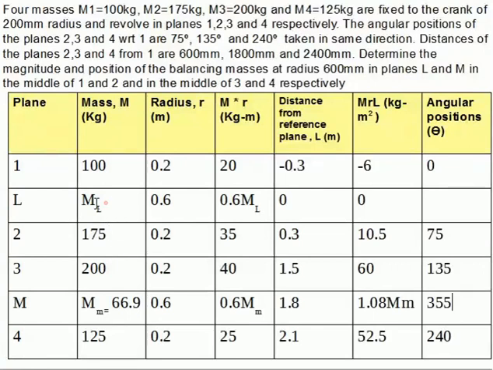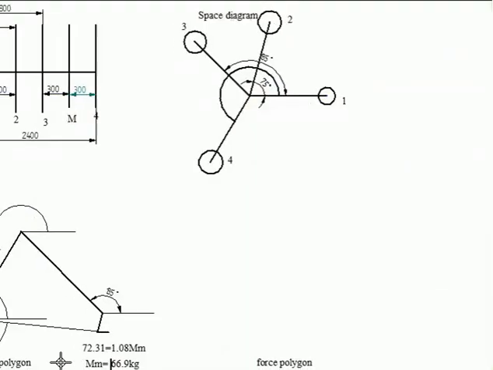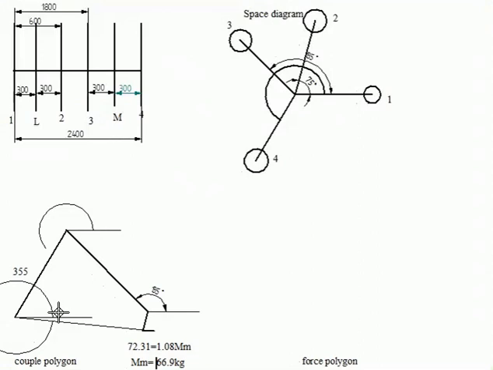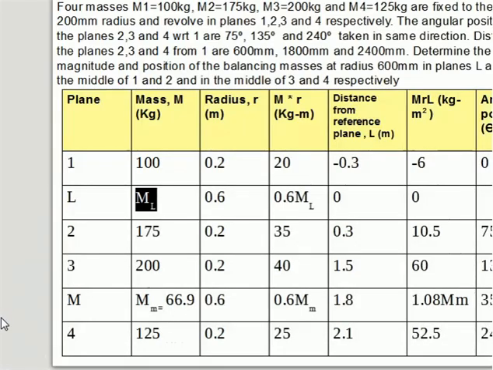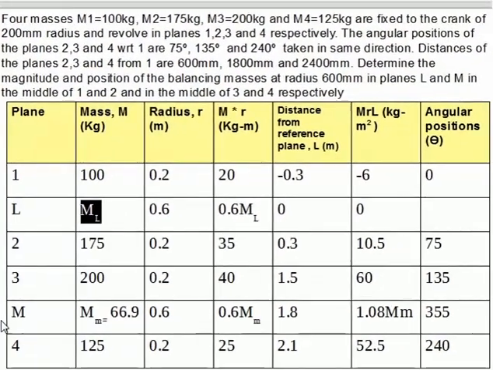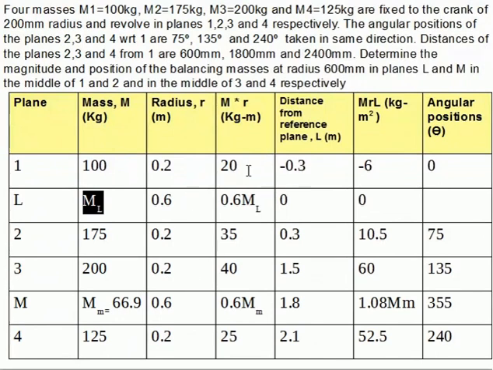Now the last value is pending, ml. To identify the value of ml, you have to construct the next diagram, that is the force polygon. The inclination of mm, I got it from here, it is 355 degree. For constructing the force polygon, I need these values. This will be the magnitude of each line and this will be the inclination of each line.